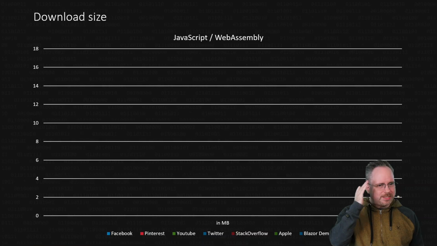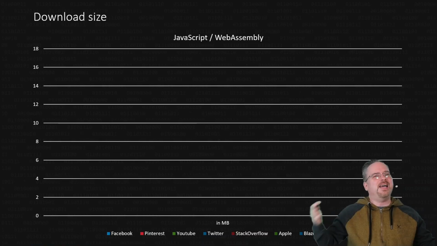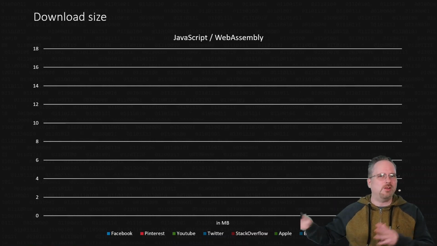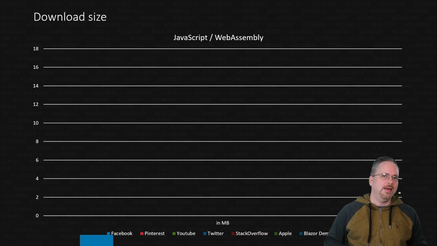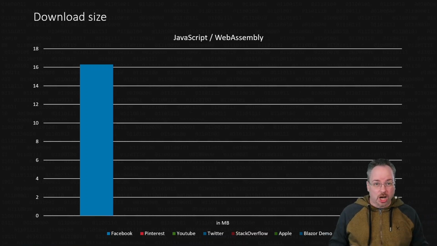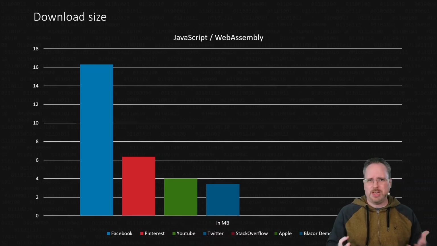I also want to take a moment to kind of understand the sites of today. We're not living where kilobytes matter anymore. Facebook has 16 megabytes of JavaScript. Pinterest has 6 megabytes. YouTube has 4. Twitter or X has 3.4.